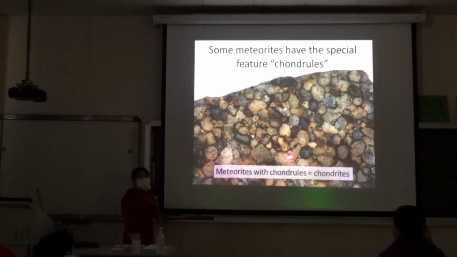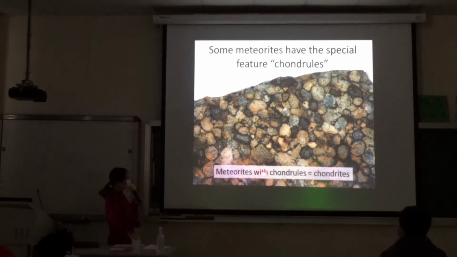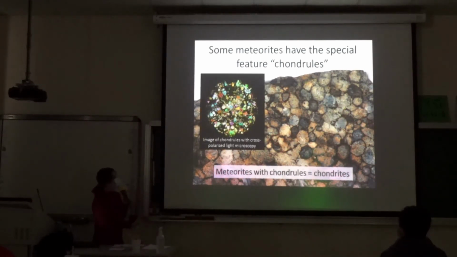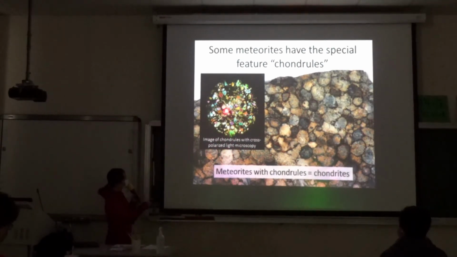This is chondrules, 陨石球粒, as you see. Its mineral grain is spherical. So meteorites with chondrules are chondrites. Under optical polarized light microscopy, you will see very colorful and beautiful spherical mineral grains, so it's easy to identify.